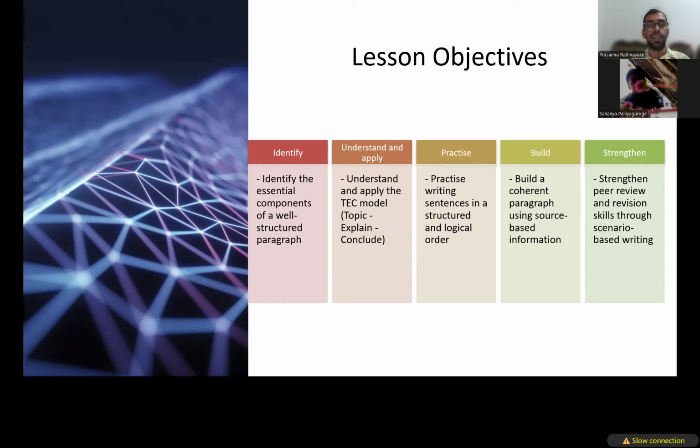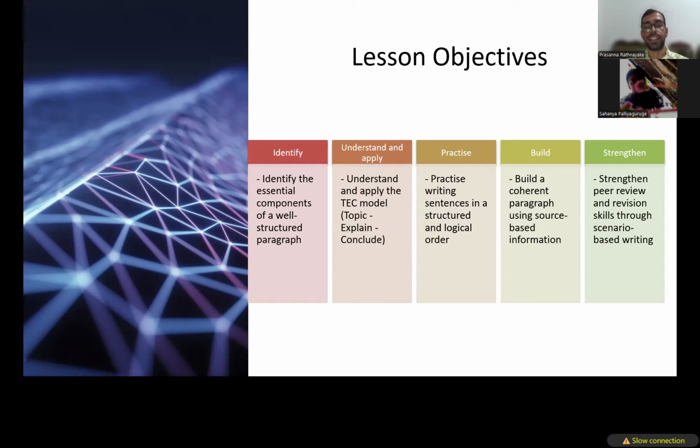Keeping that in mind, we'll be following through these learning outcomes, starting with identifying the essential components of a well-structured paragraph. When you know what the essential components are, it's quite easy for you to apply them in your writing. Secondly, we'll be looking at understanding and applying the TEC module. The TEC module in paragraph writing is simply about topic, explain, and conclude.